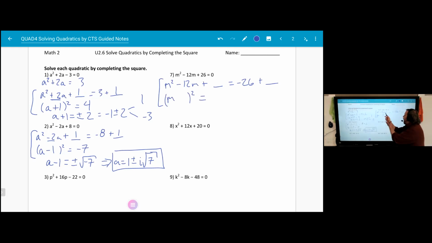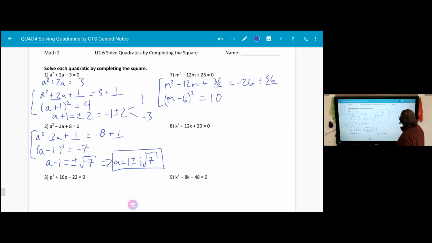I take the coefficient of m, which is negative 12, and divide that by 2. I get negative 6. Put that right in there. That becomes m minus 6 squared. I take negative 6 and square that value, so I'm adding 36 to both sides. Now I end up with m minus 6 squared equals a positive 10.